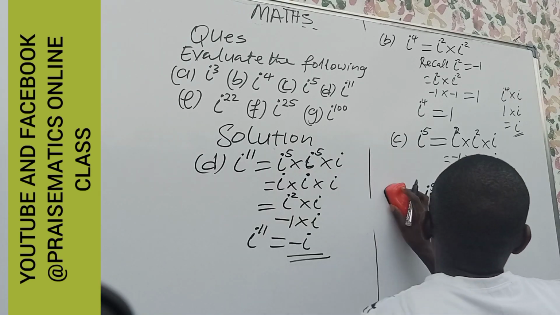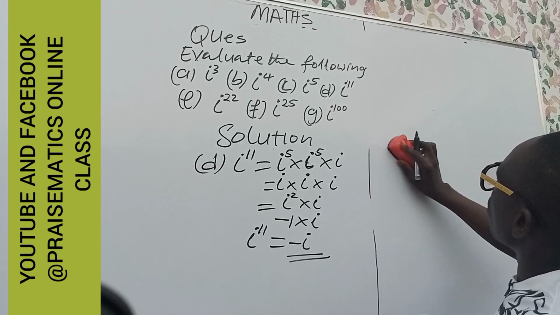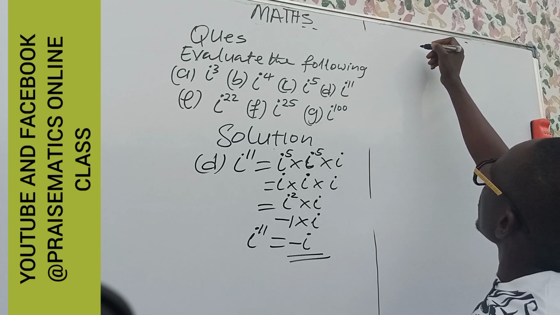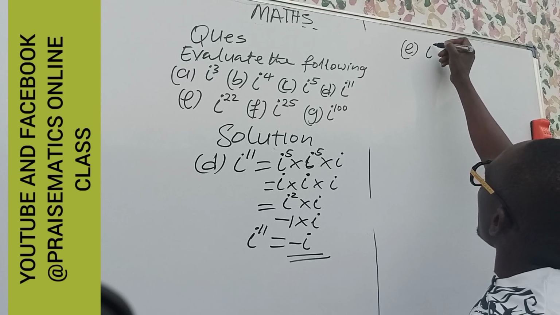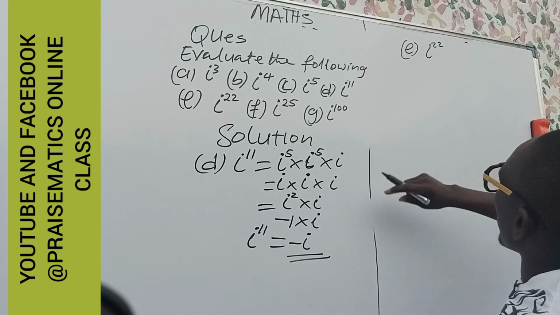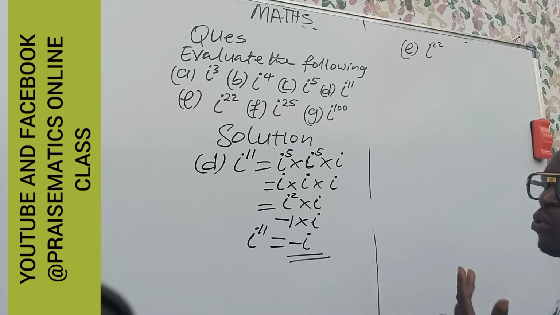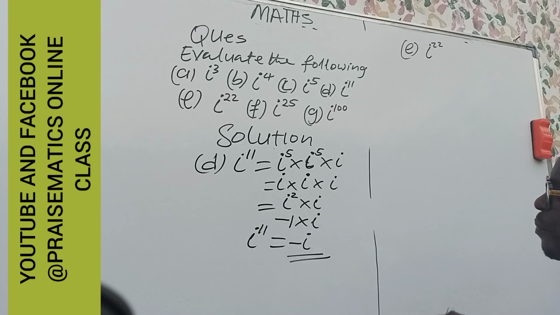Okay, no problem. Let's go to solution E. They say i power 22. So what do we do here? You can split this into 4 or into 5, depending on how you want it. Somebody can split this into 2. Let me go like this.